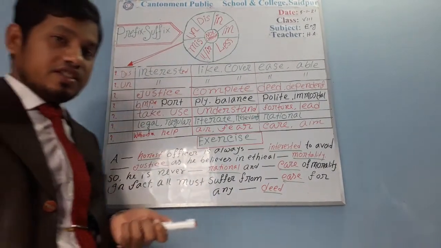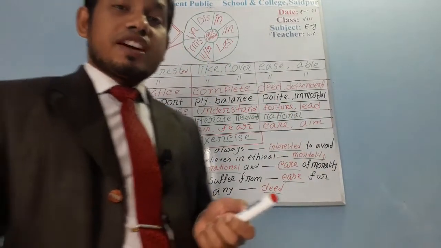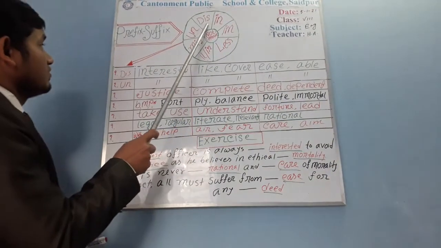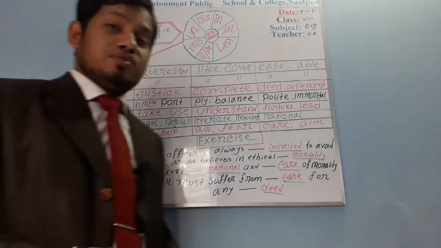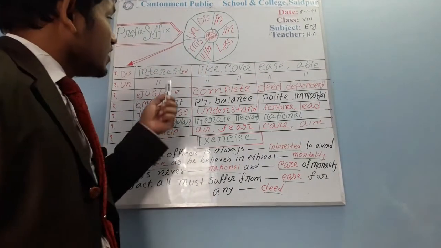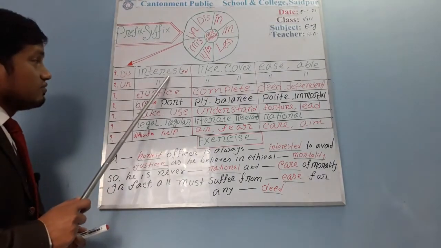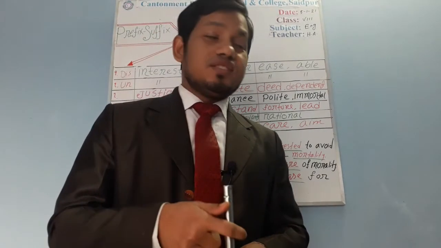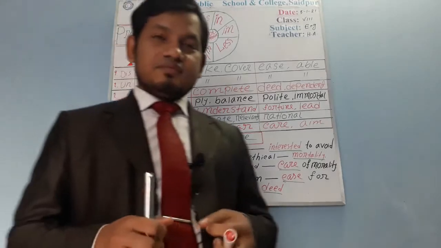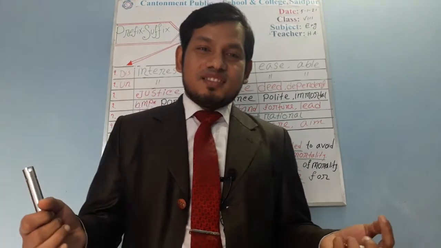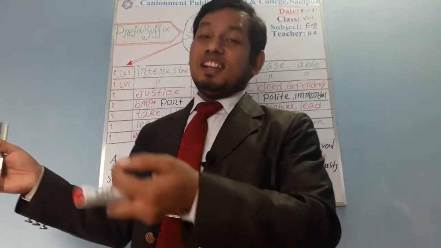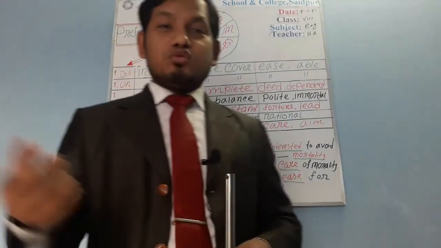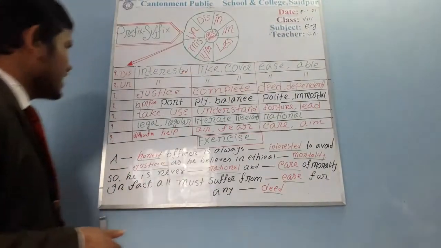In these cases only we can use 2 kinds of prefixes, both prefixes like dis and un we can use. Okay, but when we use dis and un, the meaning should be changed. That means if you say disinterested, I am disinterested to support illegally, okay, but I am uninterested to go there, okay, learners.